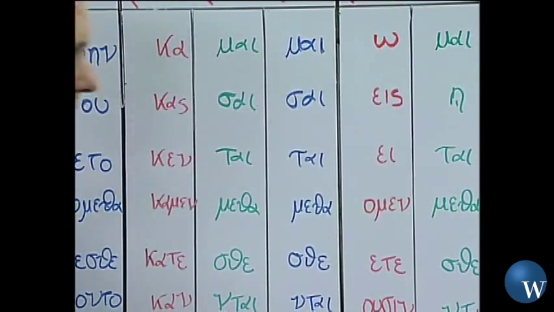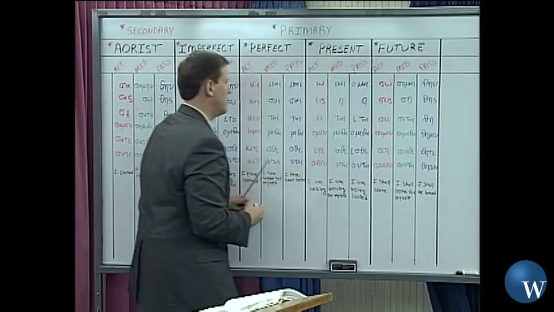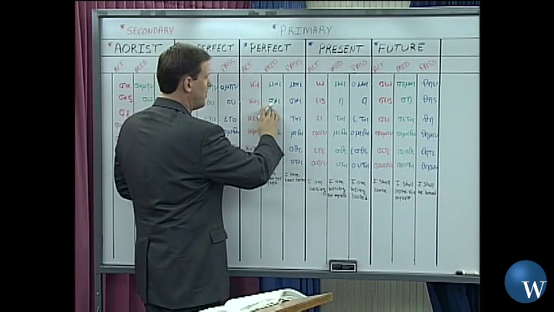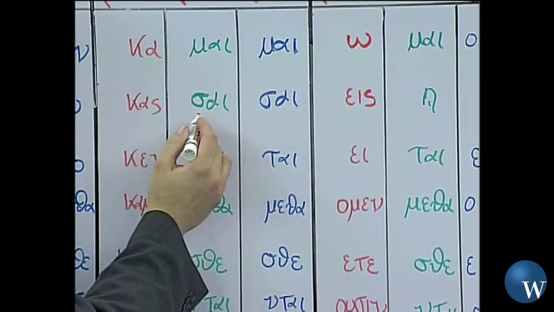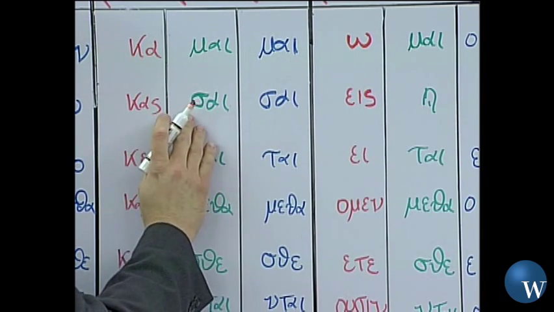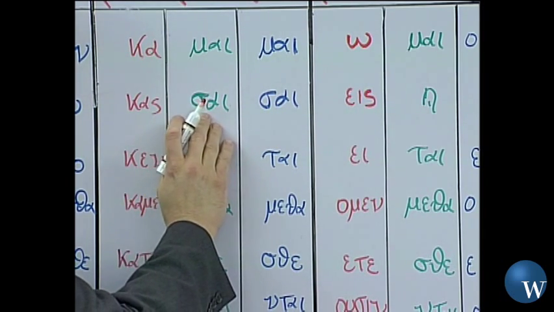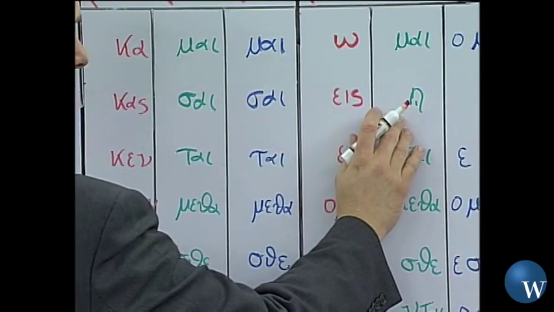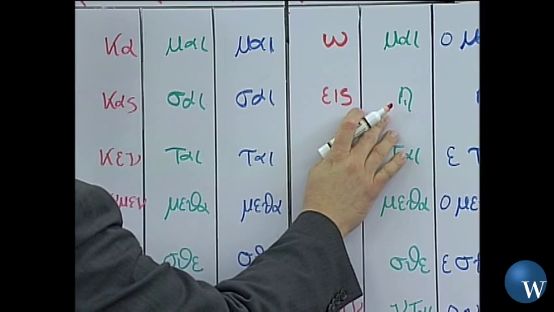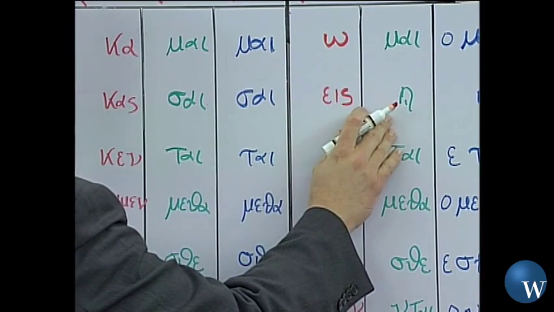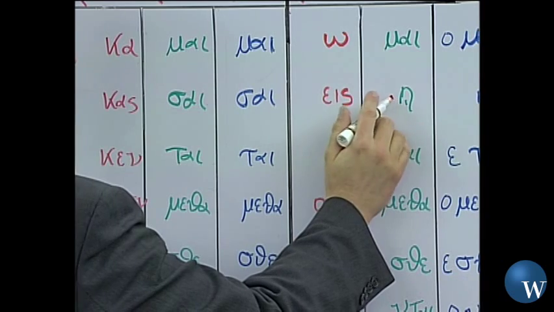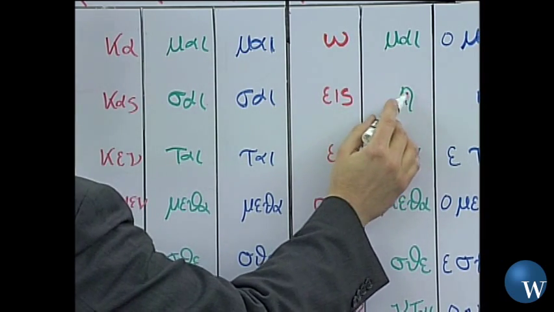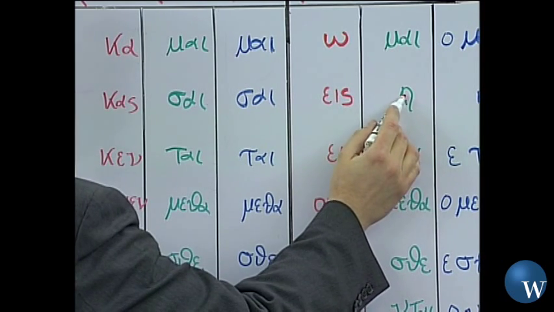And essentially what has happened, if I could get a pen here for just a moment, is that when we go to the perfect, we have, in this particular instance, just the sai ending. But when we go over here to the present, what ends up happening is the sigma drops out. According to the rule, the sigma is going to drop out here, and that leaves us with an epsilon and an iota, and so according to the rule, the epsilon gets lengthened into an eta, okay?